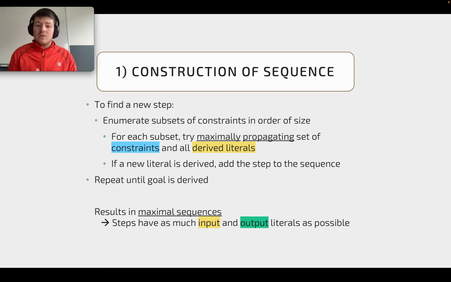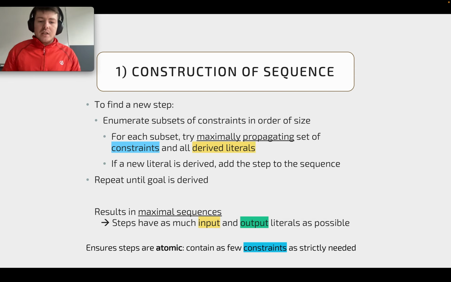It uses all of the literals that are derived by previous steps, and it derives as many new literals as possible by maximally propagating that set of constraints and derived literals. This ensures that our steps are atomic, that they use as few constraints as needed to derive whatever they need to derive. And this is, of course, because we enumerate the constraints in order of size.